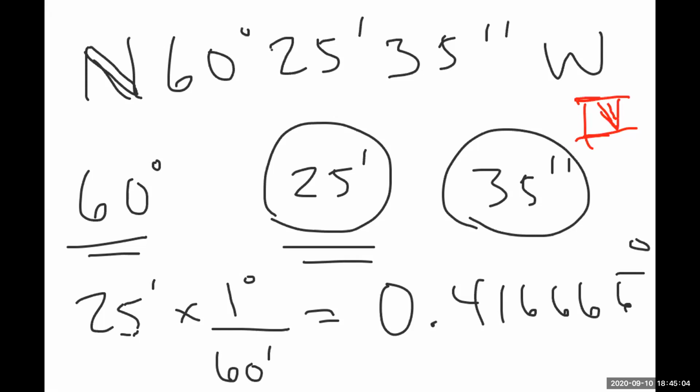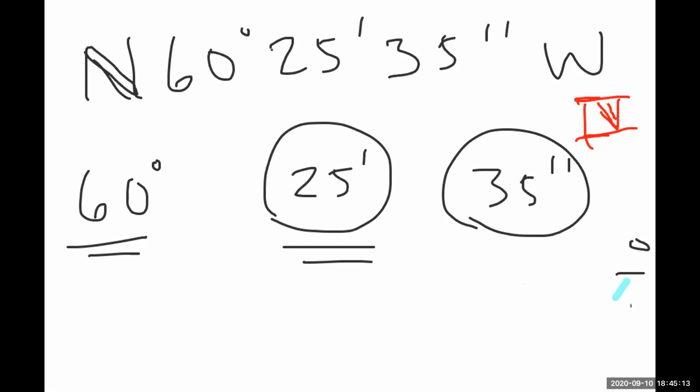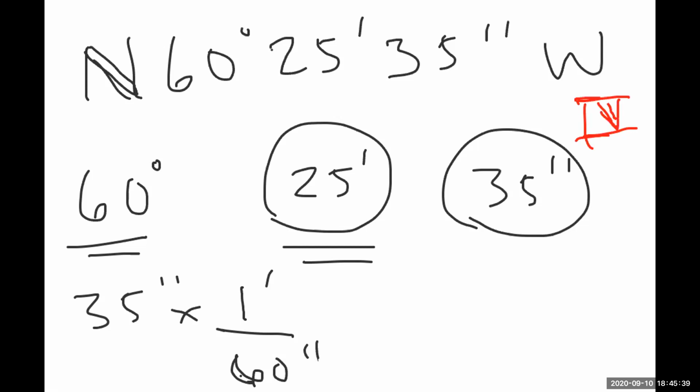Now I have to convert 35 seconds into degrees. So I'm going to multiply this by two equalities. First I need to get it into minutes: 1 minute equals 60 seconds. So the seconds cancel, and I'm left with minutes.